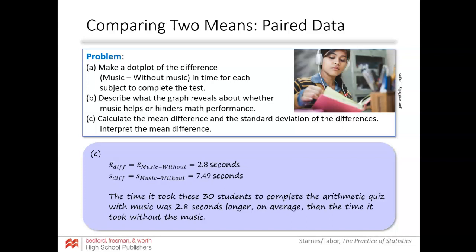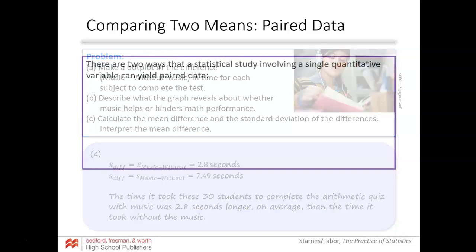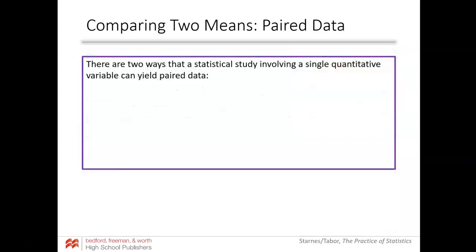And then they want us to interpret the mean difference. So the mean difference is 2.8 seconds, which means the time it took these 30 students to complete the arithmetic quiz with music was 2.8 seconds longer on average than the time it took them to complete it without music, which means it slowed them down. Curious minds want to know why.